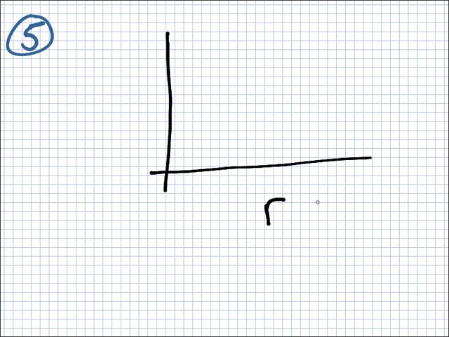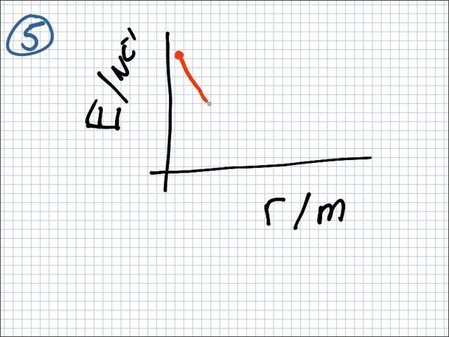So there's the r, and that's measured in meters, and there's the electric field strength, and that's measured in newtons per coulomb. What do you think happens to the electric field strength if we increase the radius? Decreases. Because the further away you are from the charge, the less strong the field is. So I think the graph would look something like this, a decreasing graph.